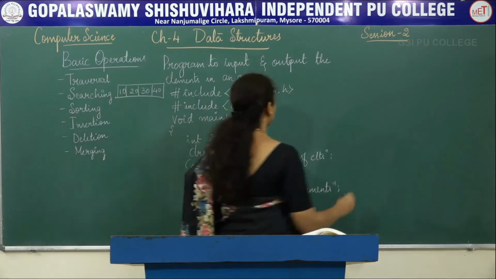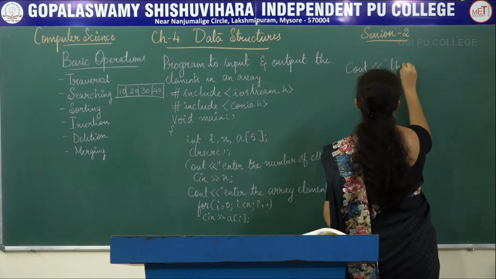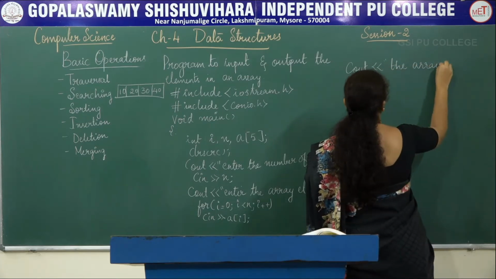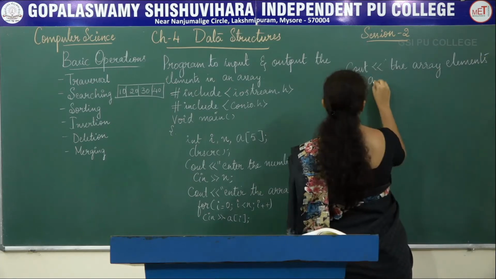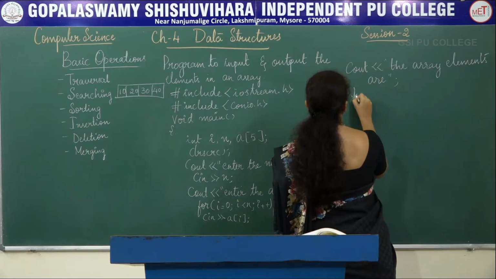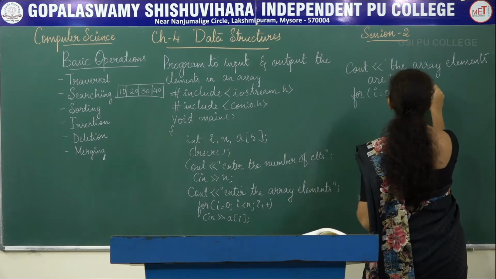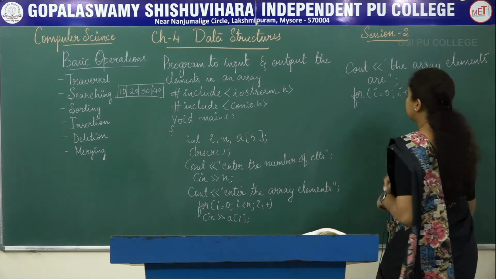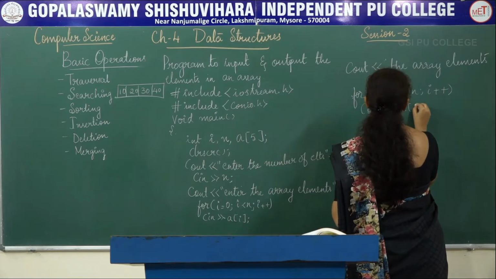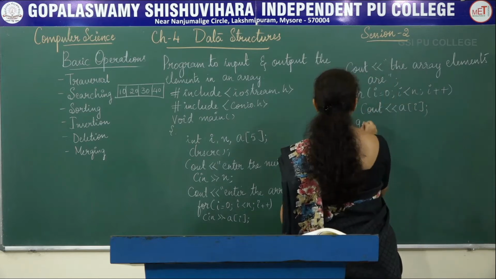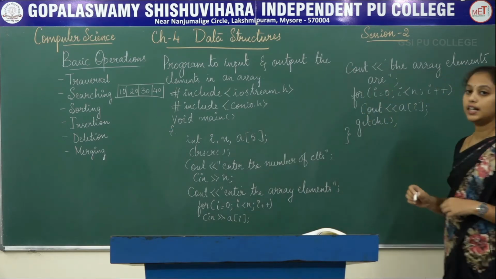So, for that, cout, the array elements are, for i is equal to 0, i less than n, i plus plus, cout A of i. So, it will print all the array elements.